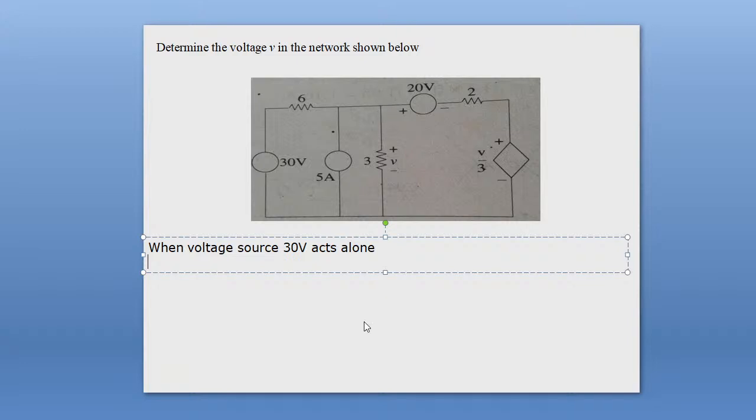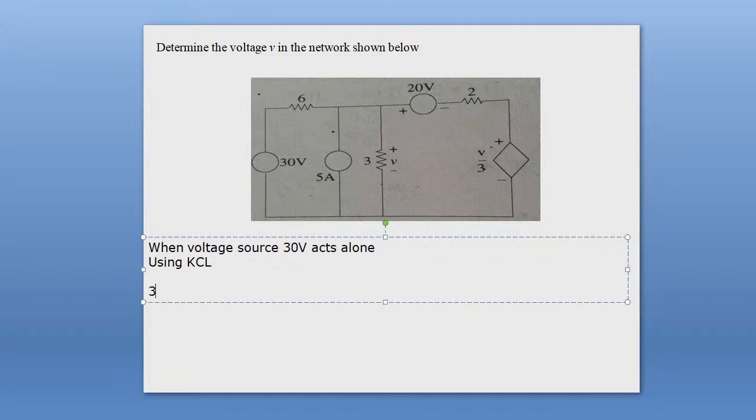So by using KCL we can write 30 volt minus V divided by 6 ohm. Everyone try to understand this one. This current is divided into 2 parts.